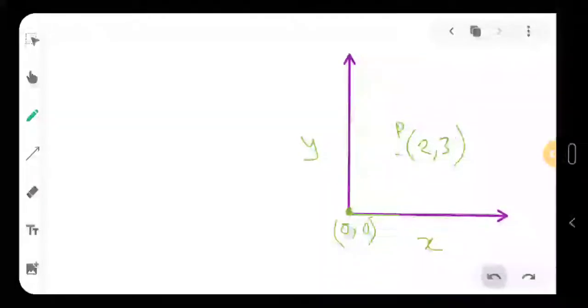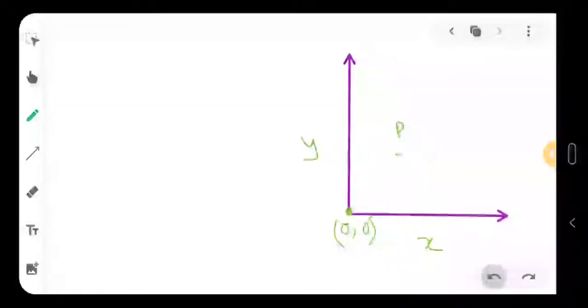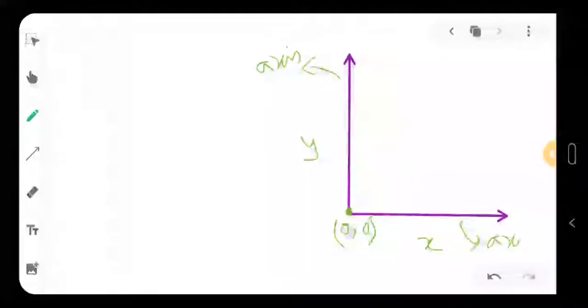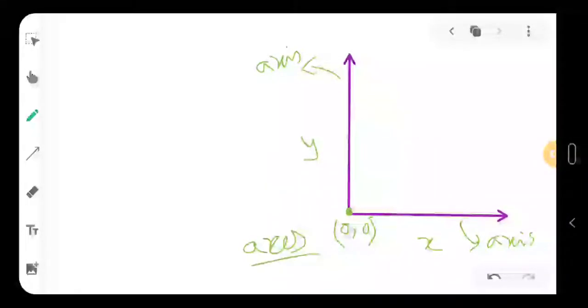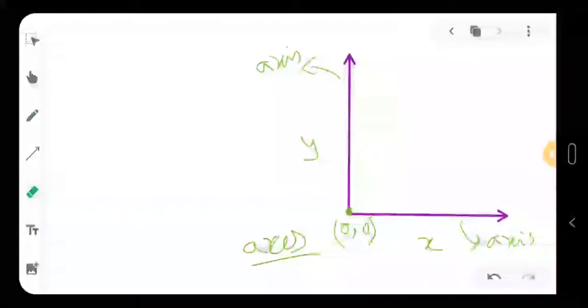So this is how we represent the location of any point in our coordinate system. Now in this x and y, these are called axis. This is one axis and this is another axis. And if we talk about the two of them together, then we call them axes.